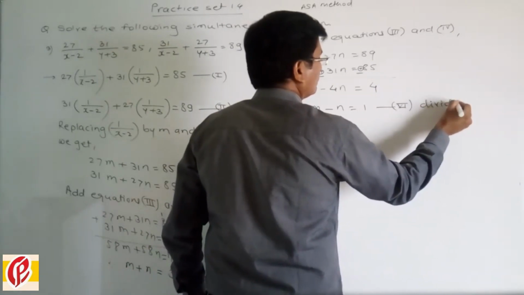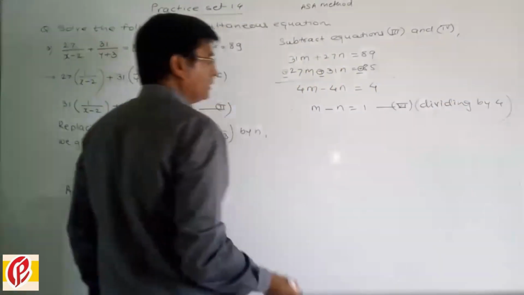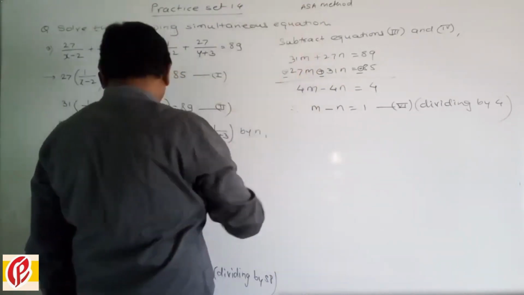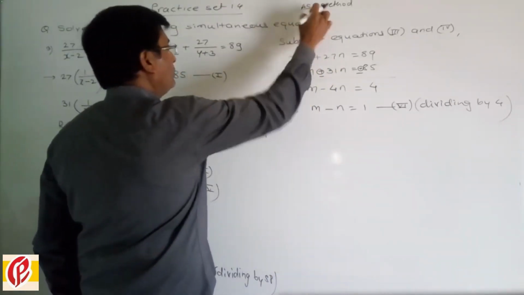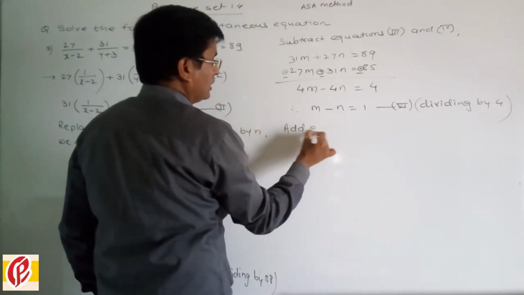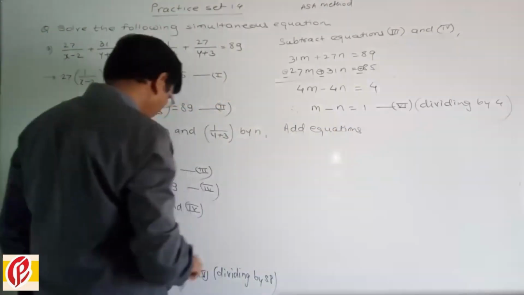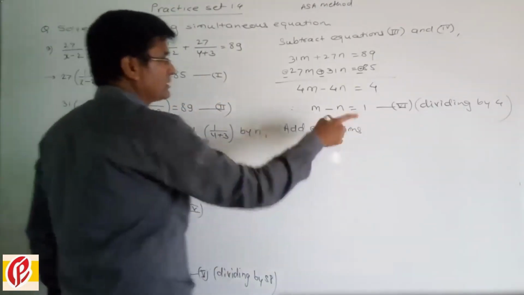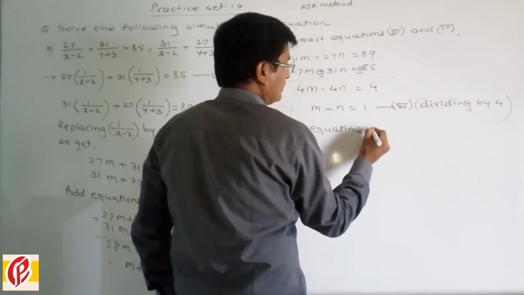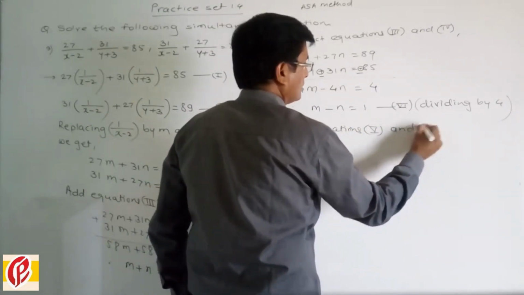Dividing by 4. Okay, now addition we have done, subtraction we have done, then next is addition. So again add equations. Which equations? Now the new equations, 5th and 6th. Add equations 5th and 6th.